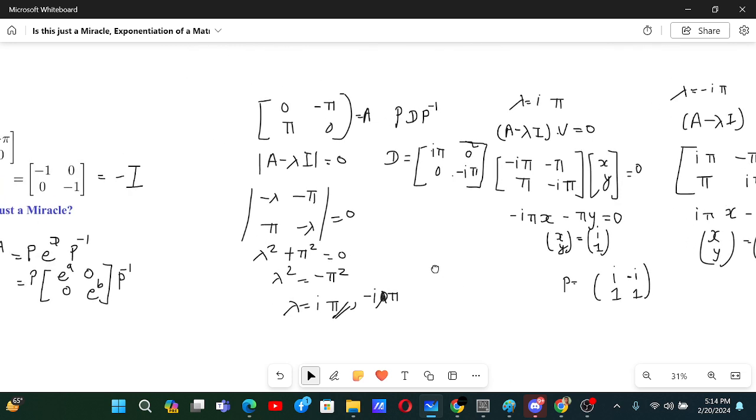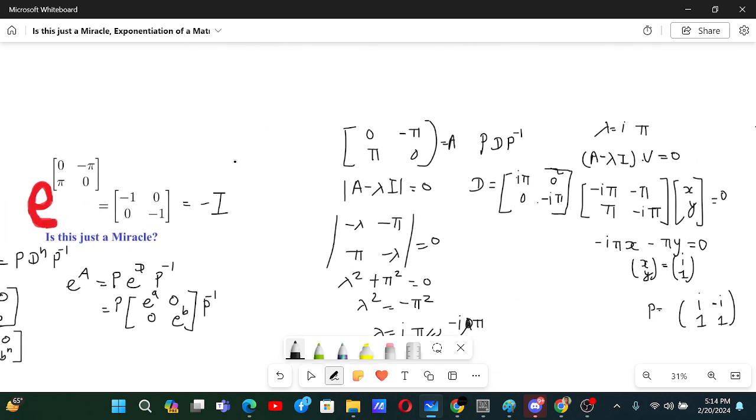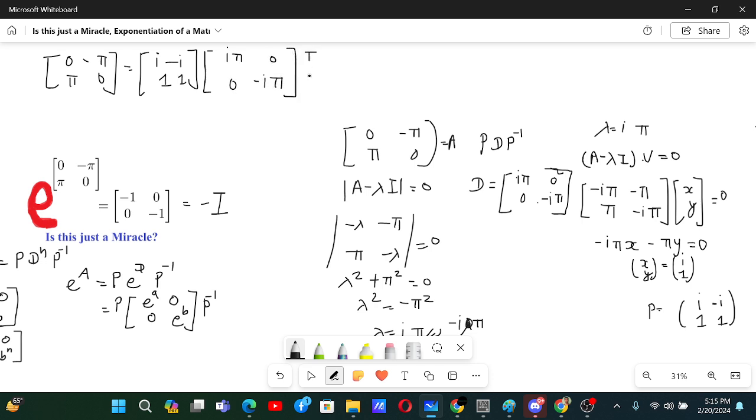Now we can write this matrix 0 pi minus pi 0 as our P, which is i minus i 1 1, and then we have i pi, minus i pi as our diagonal matrix, and then P inverse, i 1 minus i 1 inverse.